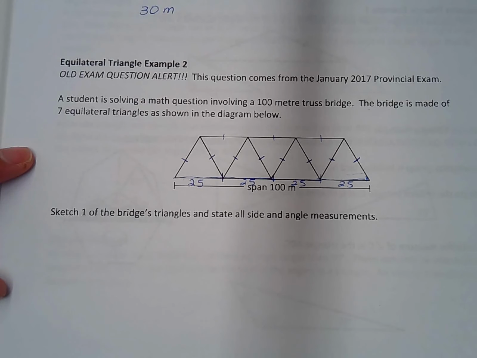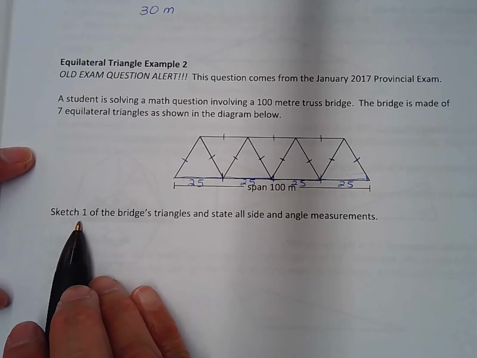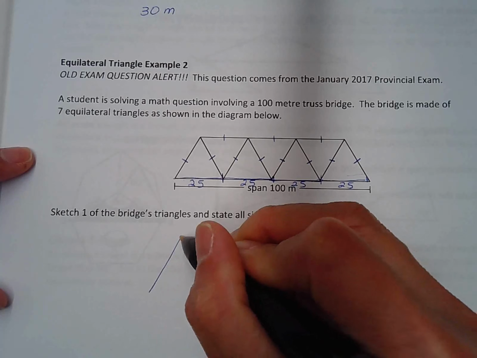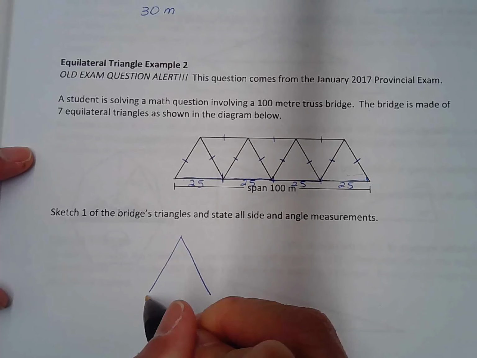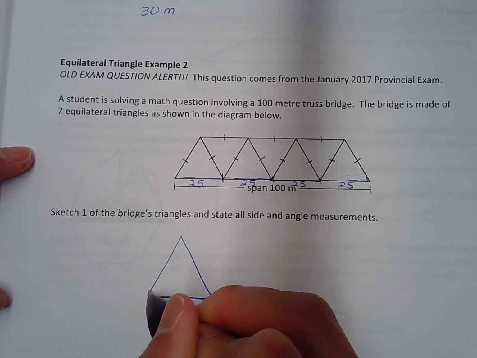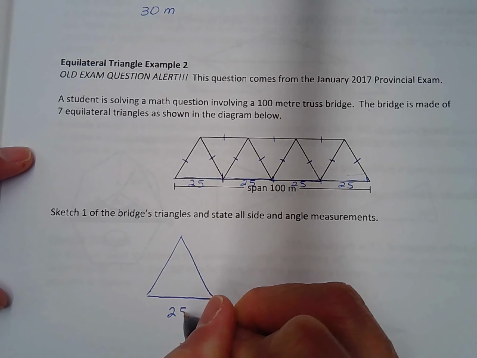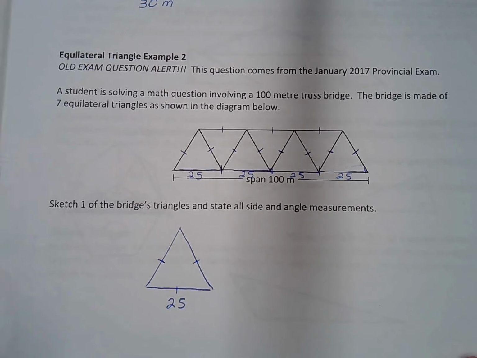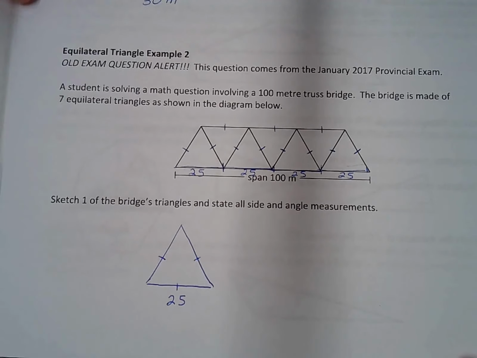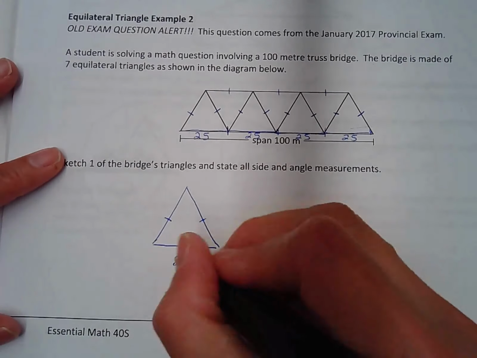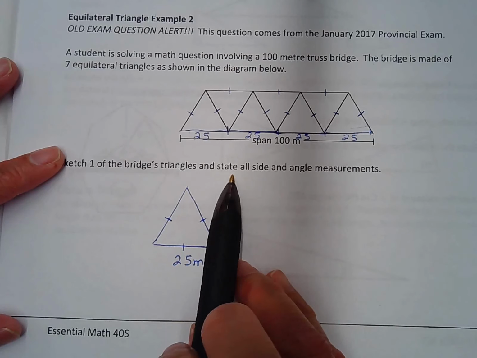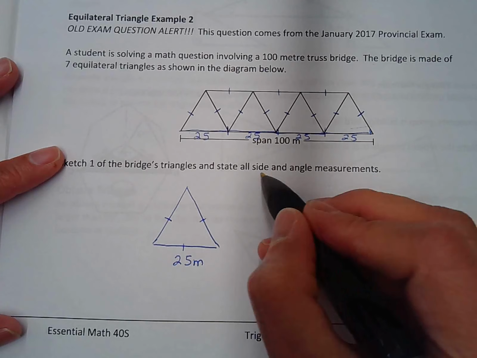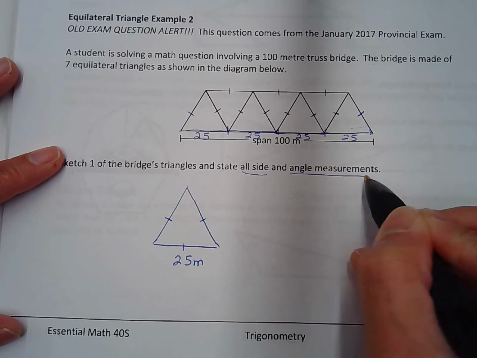Those are all 25. So the sides, sketch the bridge's triangle. Sketch one bridge. Okay, I guess I should follow the rule. Sketch one, so this is 25, and that makes this all 25 meters. And state all sides and angle measurements.